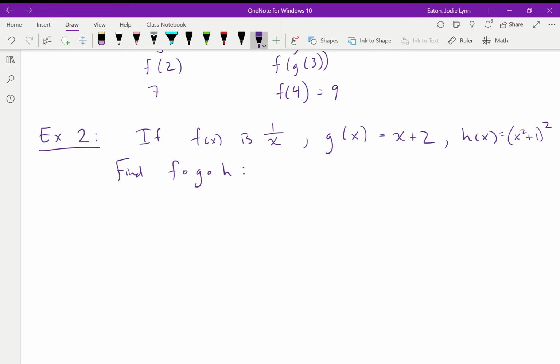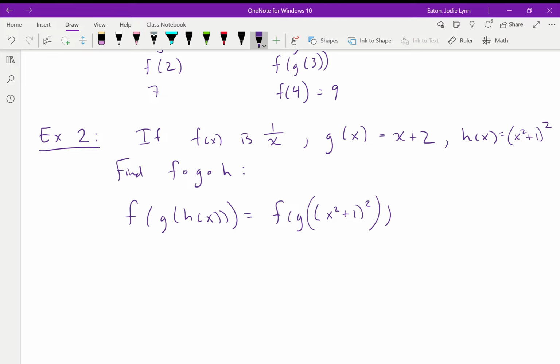So we are trying to find f of g of h of x. Make sure we have all our closing brackets. This is going to be f of g of our h of x, which is x squared plus 1 squared, with nice brackets around that.